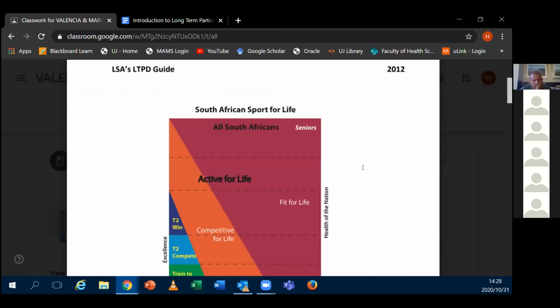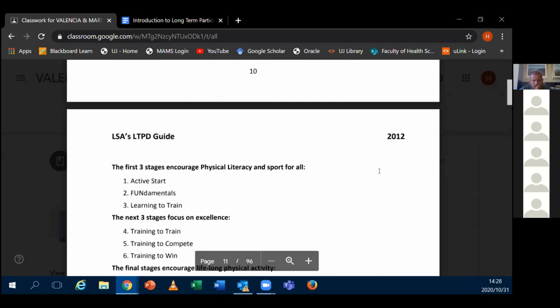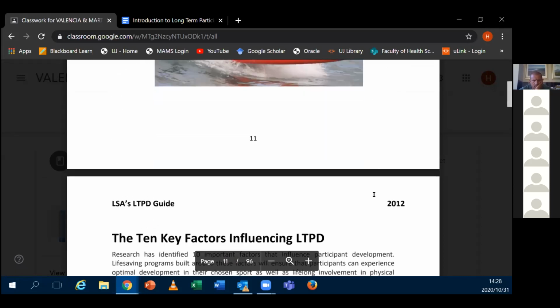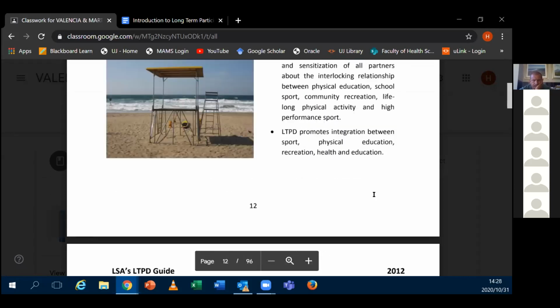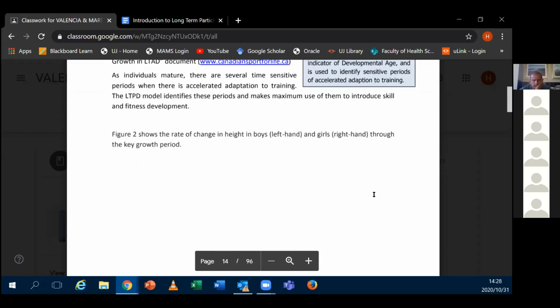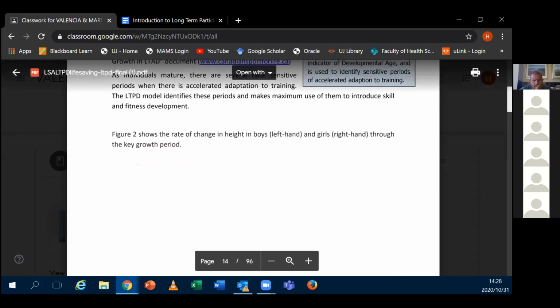There's the South African Sport for Life model, which forms a foundation for our LTPD model. And it goes through all the different things with regards to long-term participant development. So you can read through that.